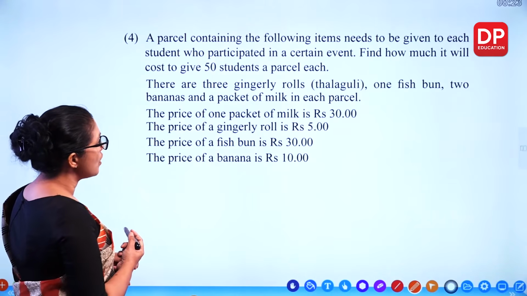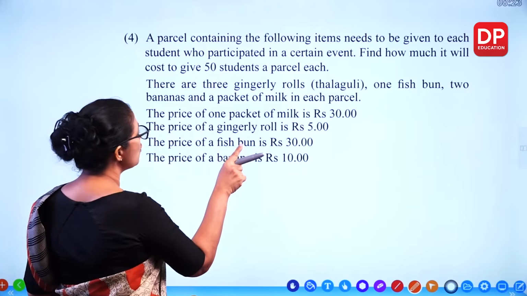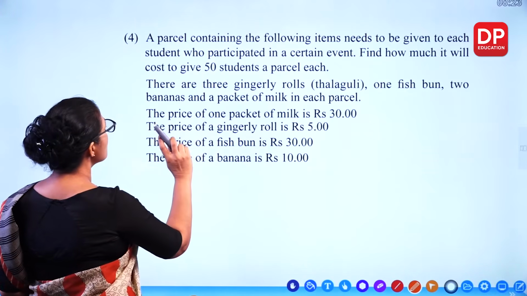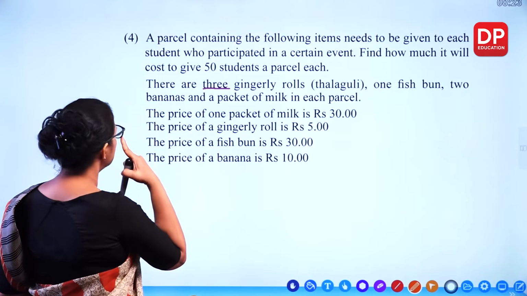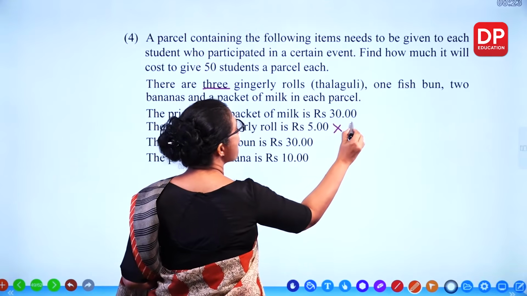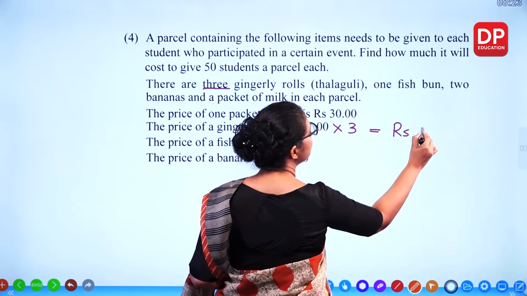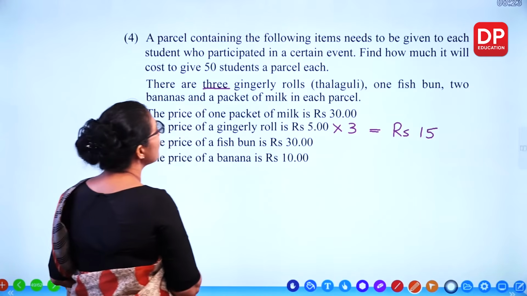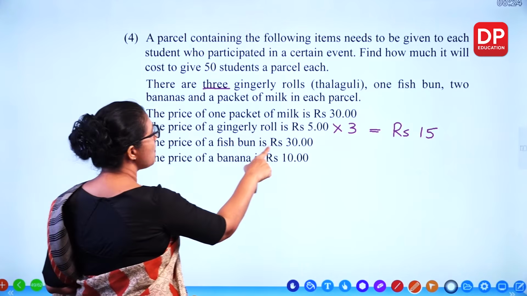So we'll check how much we need to spend for each parcel. There are 3 gingerly rolls, so we'll multiply by 3. 5 times 3, 15 rupees. Then 1 fish bun. Price of a fish bun is 30.